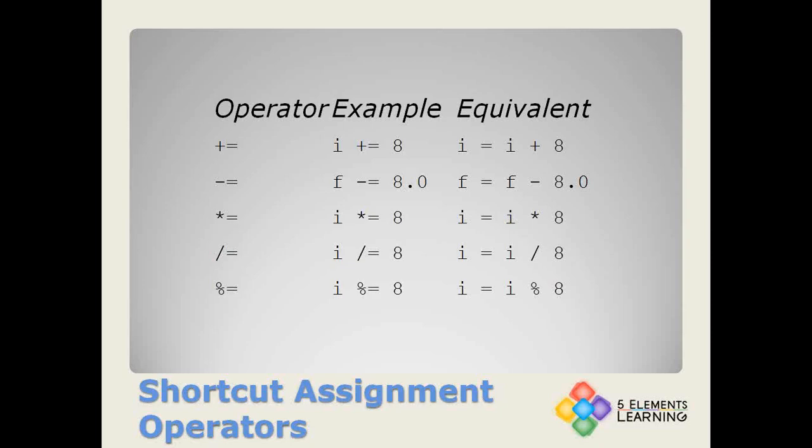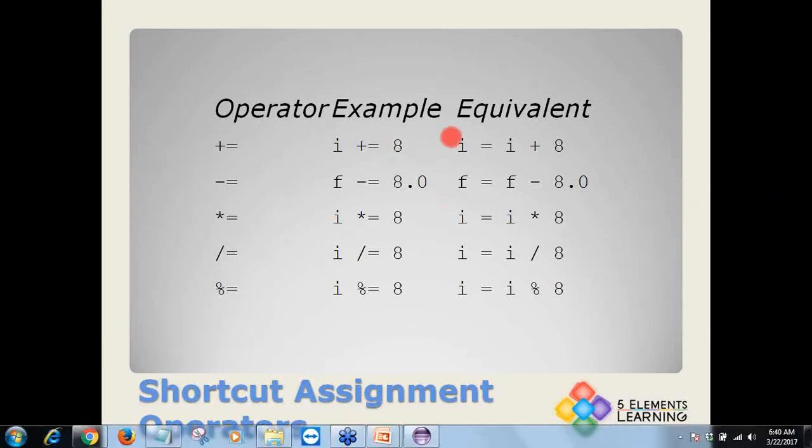So we write down plus equal to: i plus equal to 8 is represented as i equal to i plus 8. Then minus equal to: f minus equal to 8.0 is represented as f equal to f minus 8.0.